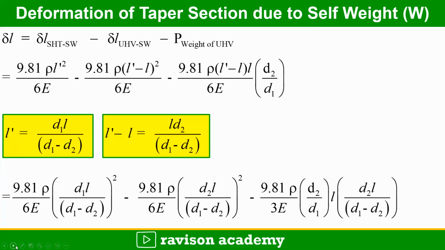Now substituting the value of L dash and value of L dash minus L in the deformation equation, we will be getting 9.81 rho by 6E into D1 L divided by D1 minus D2 the whole square, minus 9.81 rho by 6E into D2 L divided by D1 minus D2 the whole square, minus 9.81 rho by 3E into D2 by D1 into L into D2 L by D1 minus D2.